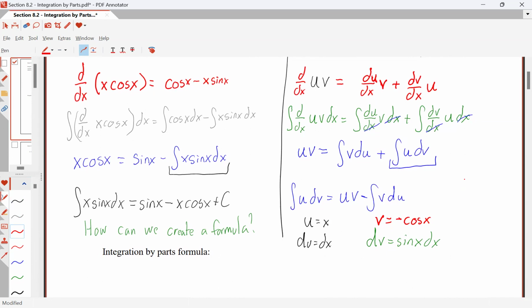Then filling in this formula, the uv minus the integral of v du, we would get x times negative cosine x minus the integral of negative cosine x.